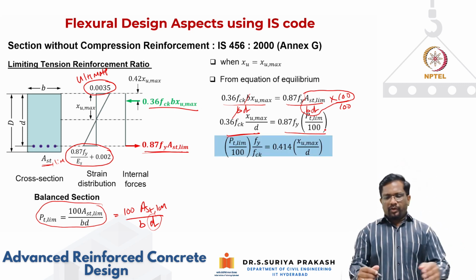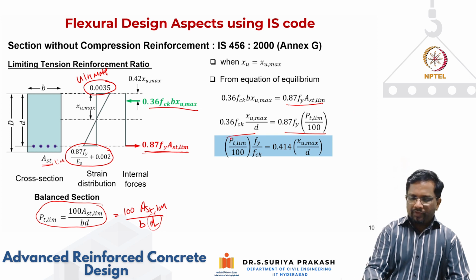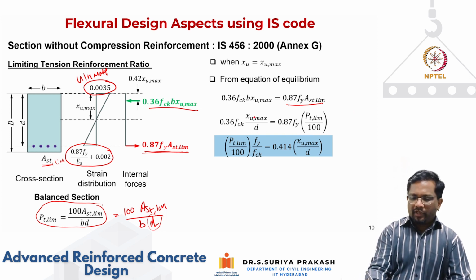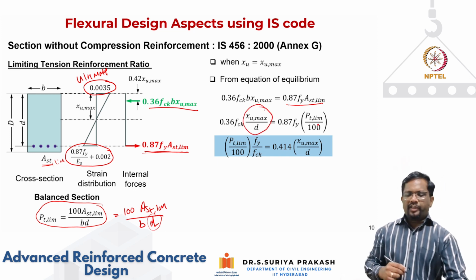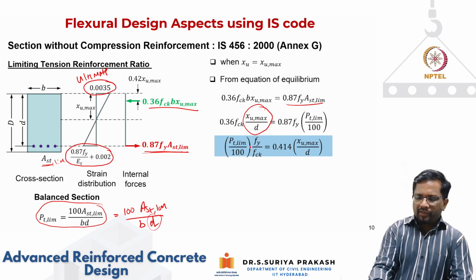Okay, so now for a particular grade of steel, Xc max by D is fixed, right? So now I can go back and plug in the value of Xc max by D and find an expression for your PT limit. So what happens? PT limit can be expressed as, basically this fck, I want to bring it down here, right?